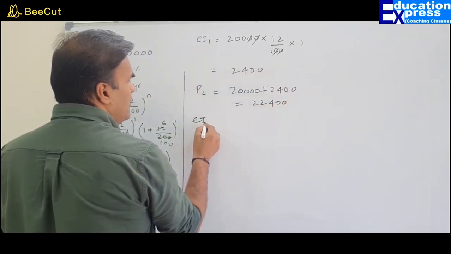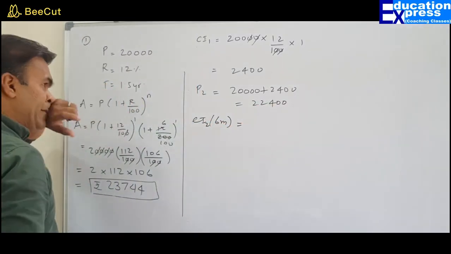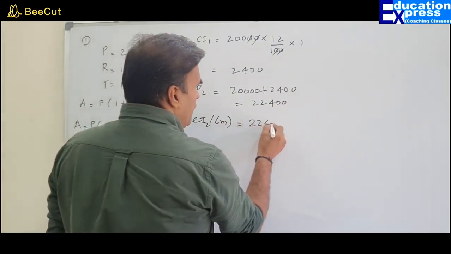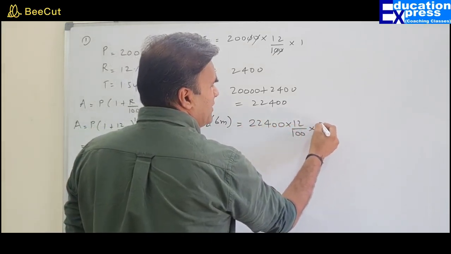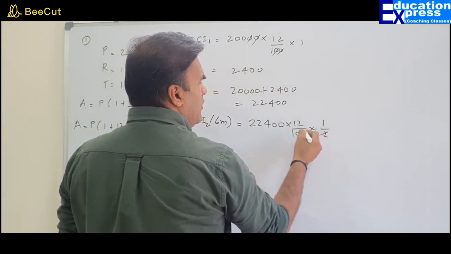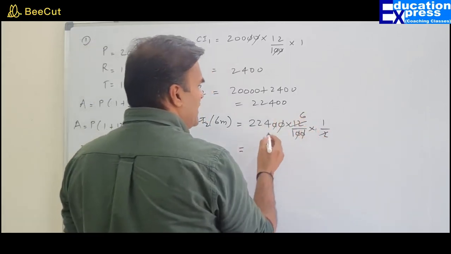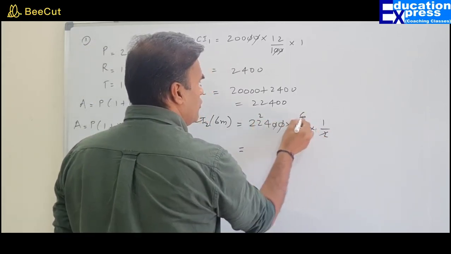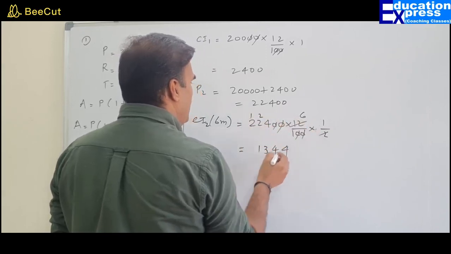Compound interest for second year, but only for 6 months because it is 1.5 year. 22,400 multiplied by 12% for 6 months. So 6 upon 12, or you can say for half year. So half. 224 into 6 gives 1344.